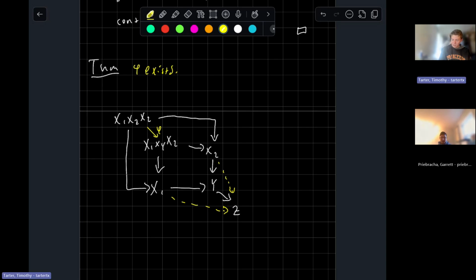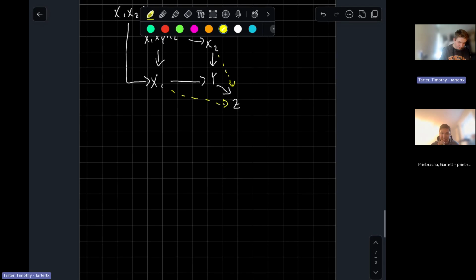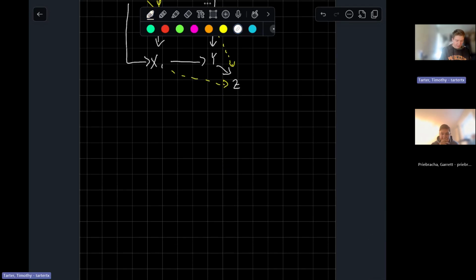Okay, important exercise. The diagonal base change diagram. So theorem: base change diagram.